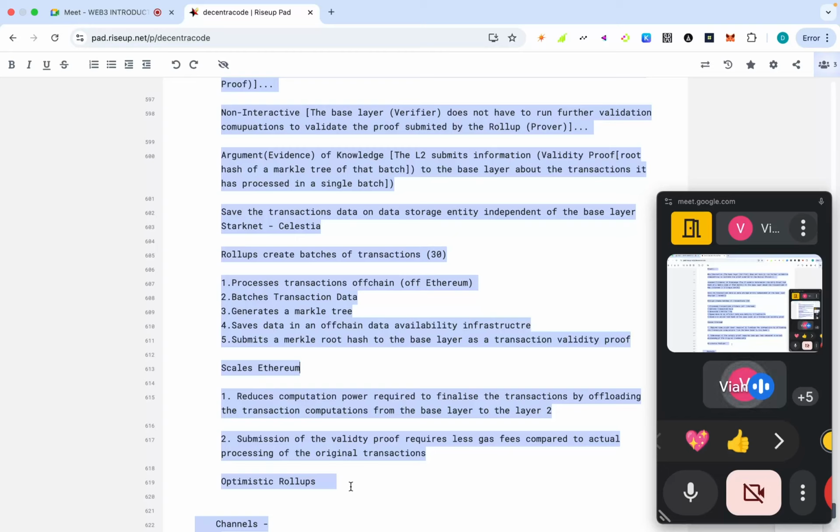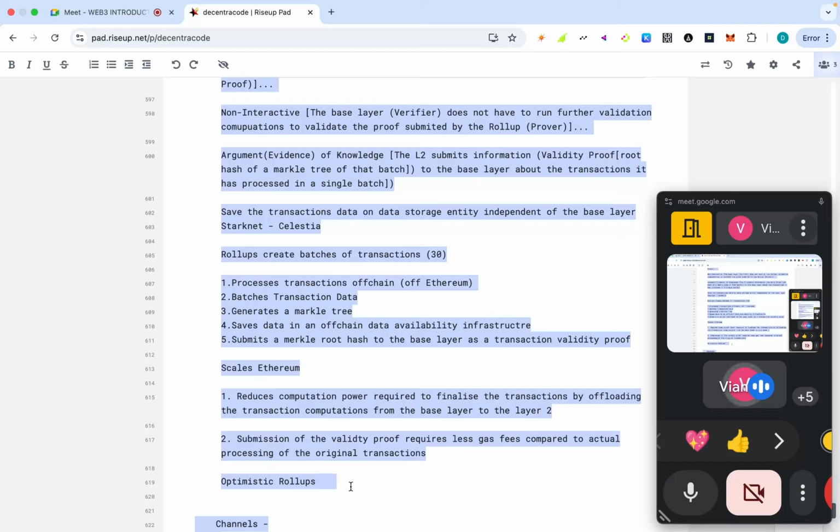So when there's a proof that is stored on Ethereum, the layer 2s are scaling Ethereum. They are increasing the performance of Ethereum, but still relying on the security of Ethereum to secure their transactions by just the existence of that proof.